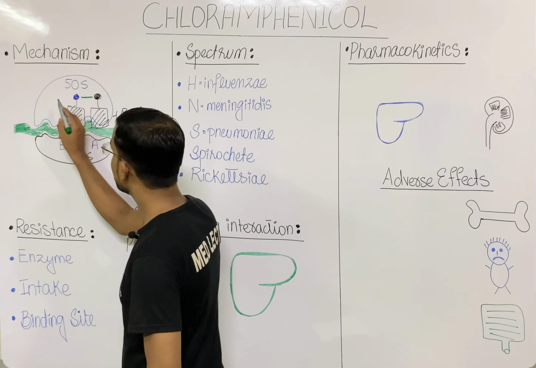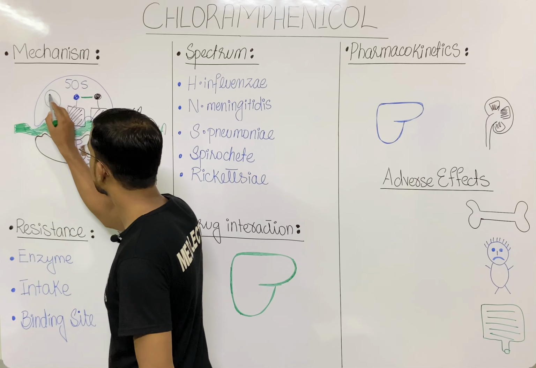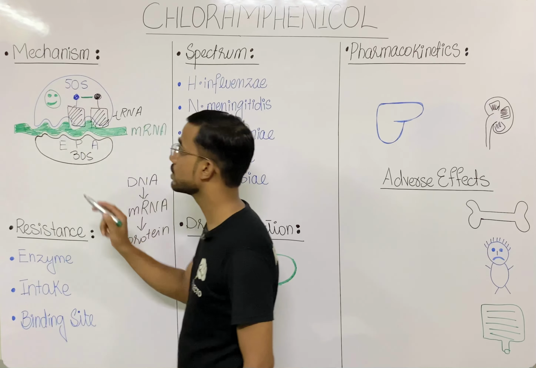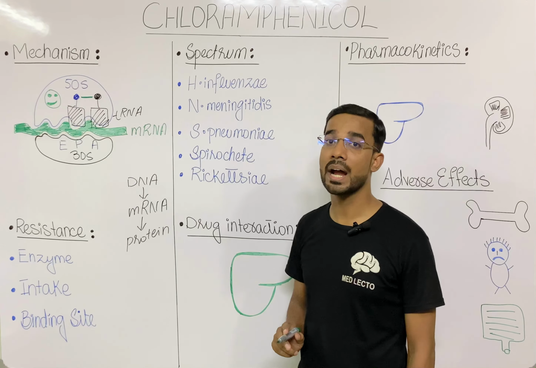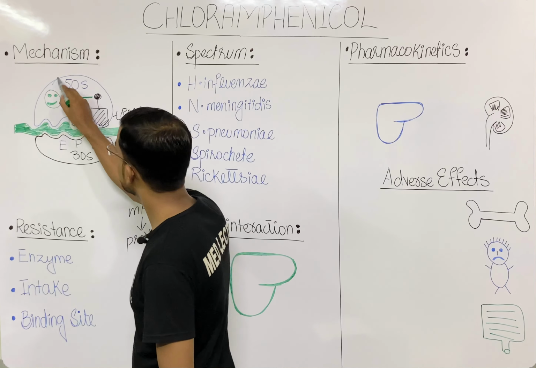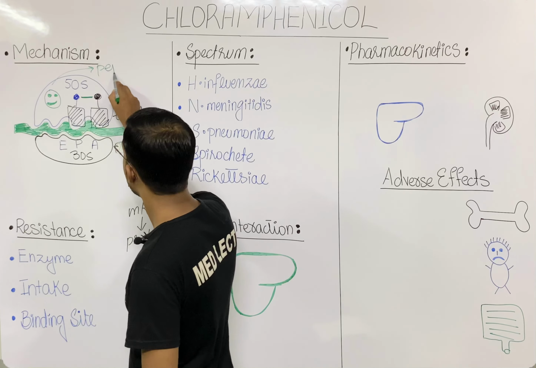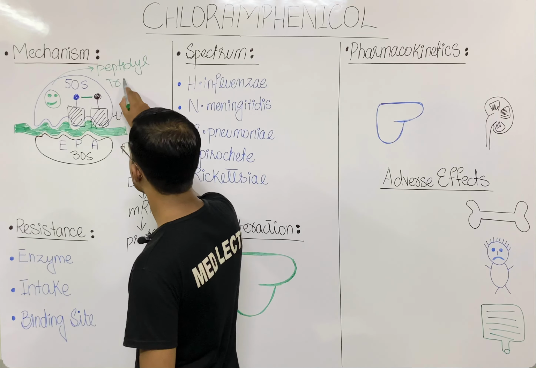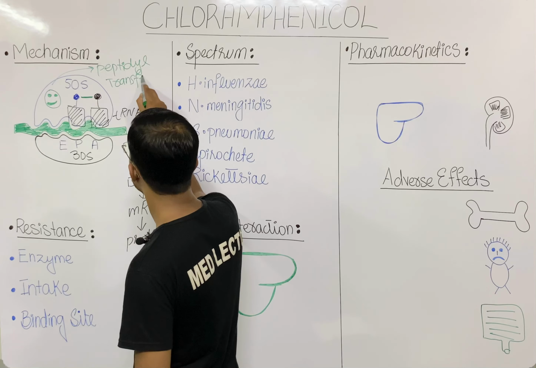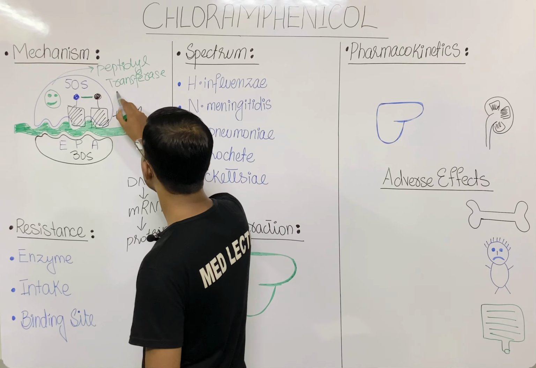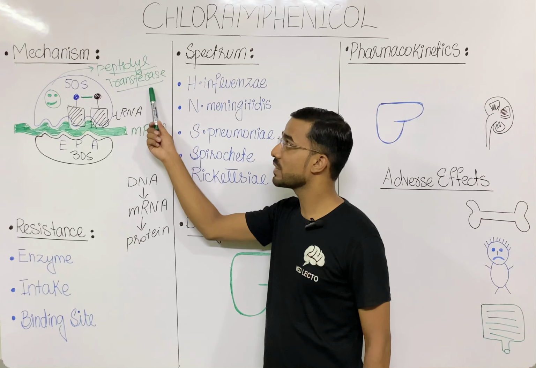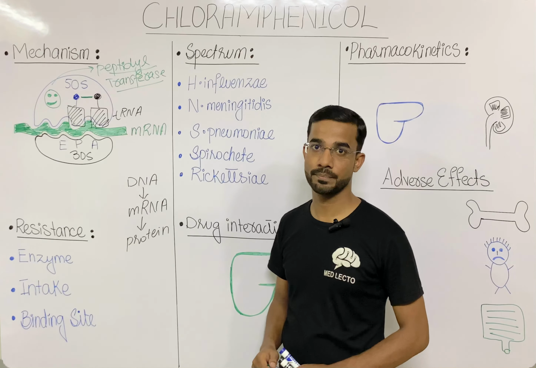In the 50S ribosomal unit you will see the presence of the most important ribozyme, the peptidyl transferase. It is important to know that this peptidyl transferase is not an enzyme.